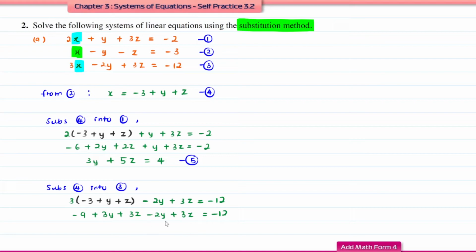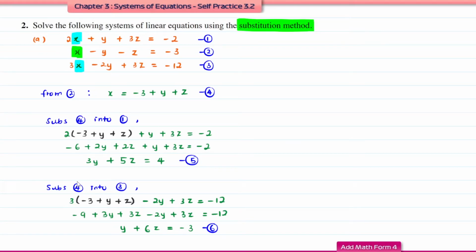So next we're going to solve for the like terms. So 3y minus 2y is equal to positive y, and positive 3z plus 3z is equal to 6z, equal to, so this negative 9, when you move it to the right hand side, will become a plus 9. So negative 12 plus 9 is equal to negative 3. So this we're going to label as equation number 6.